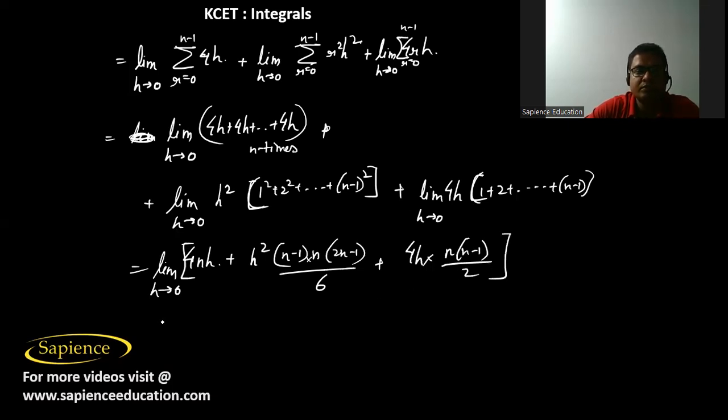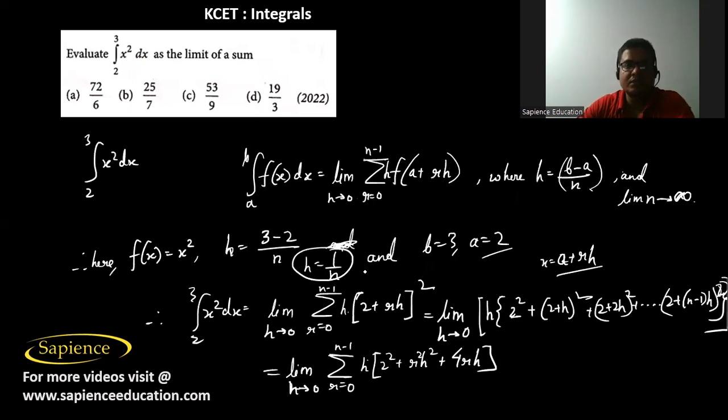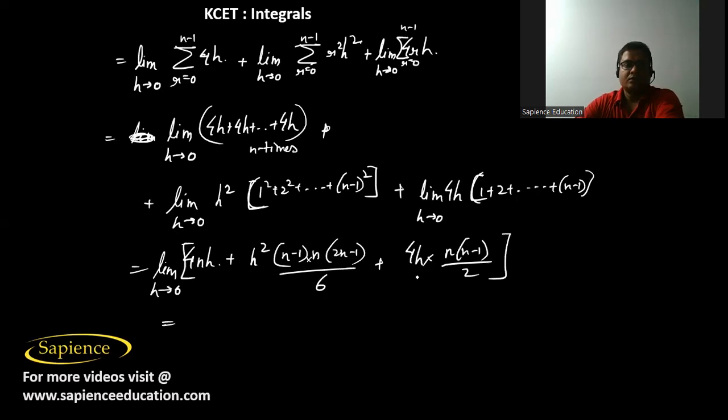Okay, so now from here we can see that h is equal to 1 by n, so nh is equal to 1. So here we can take nh as 1, so it is 4 into 1 plus.